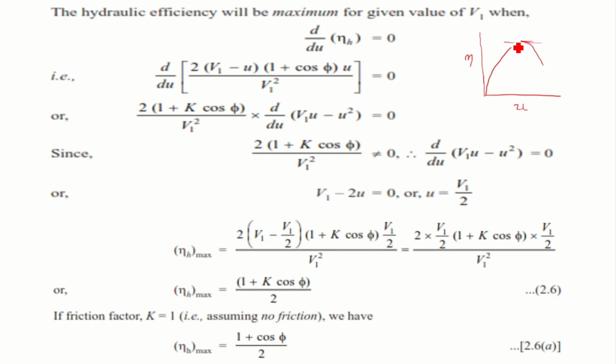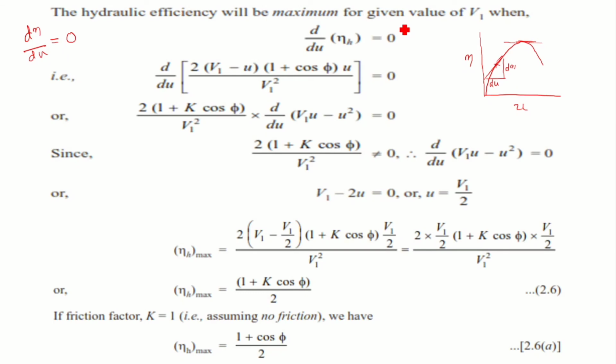So if we take the slope at this point, the slope is normally taken as d eta by du. At the maximum efficiency point, the slope becomes 0.